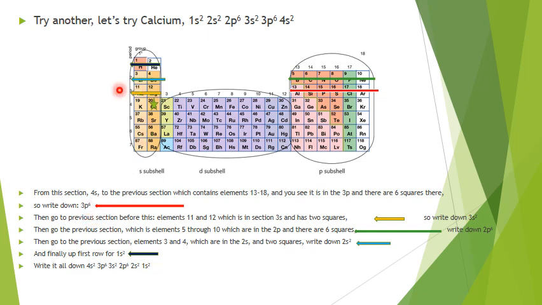So you get 4s2, 3p6, 3s2, 2p6, 2s2, 1s2, just like you expect. The valence shell is 4, with 2 electrons in the valence shell.